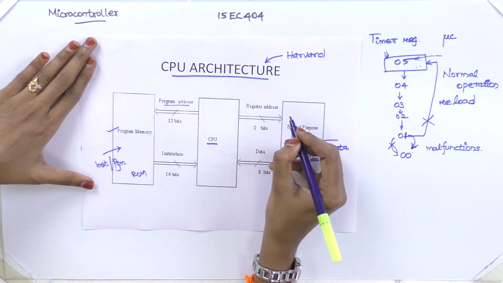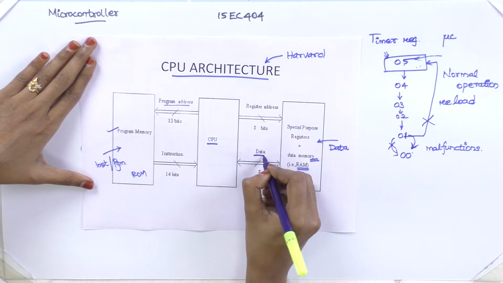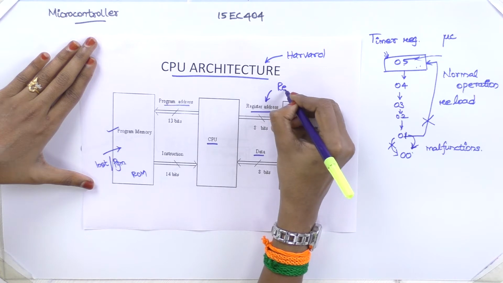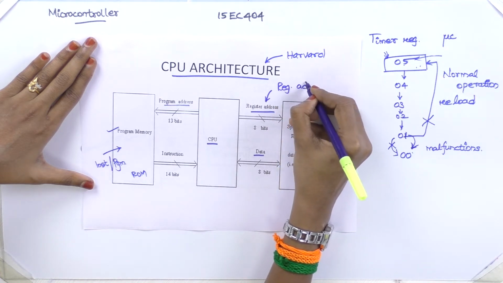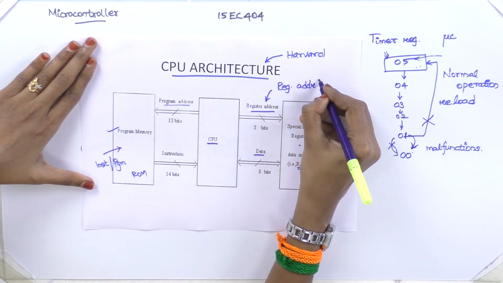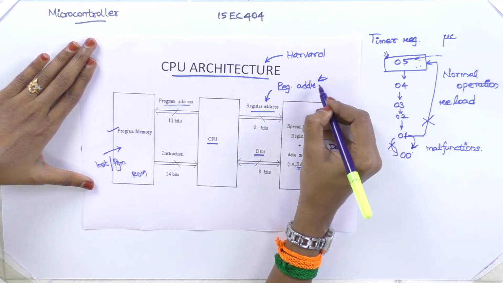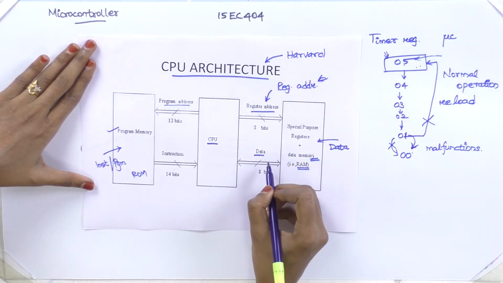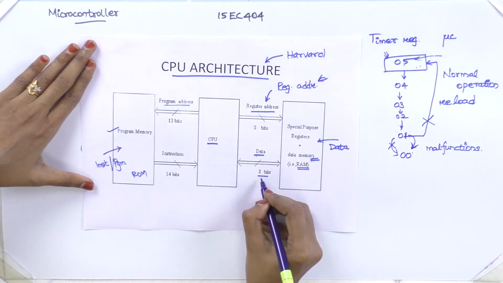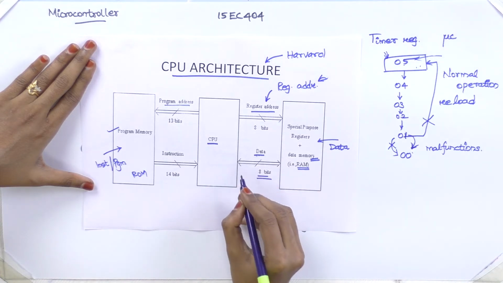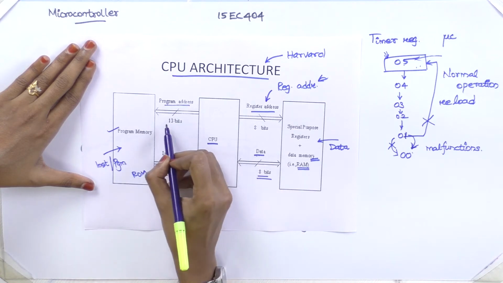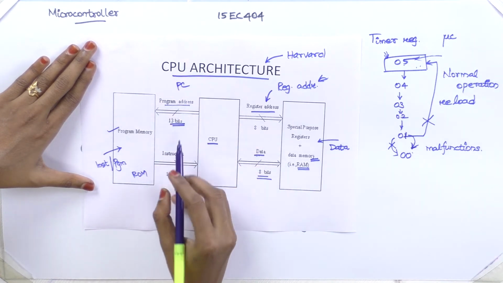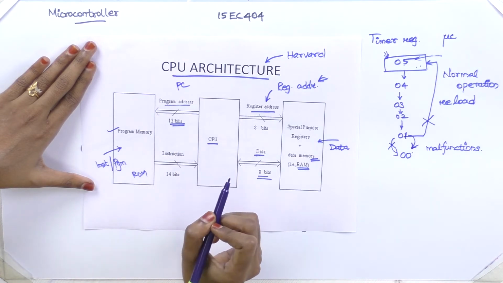Here the address lines are called register address; I will tell you later in the lectures why this register address is used. Then we have the data bus, which is 8-bit, since it is an 8-bit processor, and the program address, your PC value, is 13 bit.